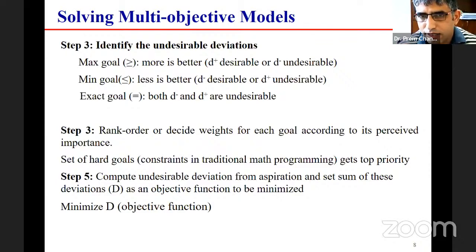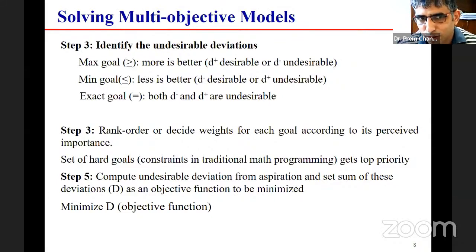We have converted the goal into an equation. Now we have to decide which one is undesirable. For a maximization goal, negative deviations are undesirable. Suppose I want to maximize net return, so I don't want less than my target. So my undesirable is the negative deviation.